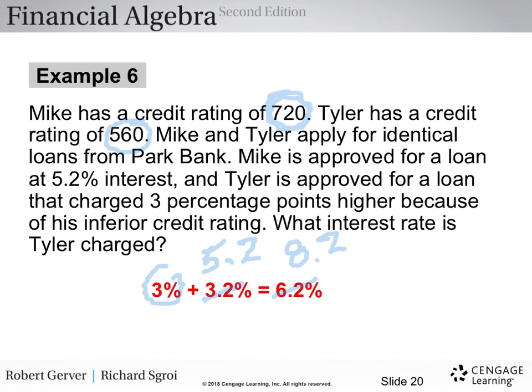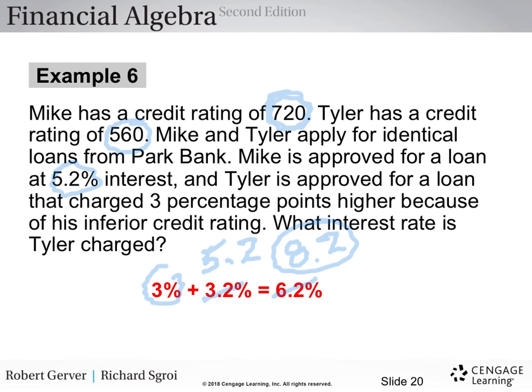So if you've got a really good credit score, you can get a really good interest rate, in this case 5.2%. But Tyler, since he has a lower credit score or a worse credit rating, is going to have to pay more. He's going to have to pay 8.2%. It's going to cost him more money because his credit rating is worse than Mike's.